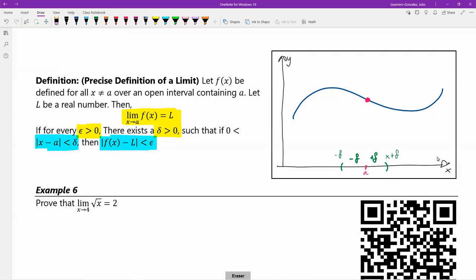Whoops, a plus delta, a minus delta. So I'm going to go ahead and draw this right here. It's saying that I can contain my x values, and containing my x values should produce a containment in my y values.